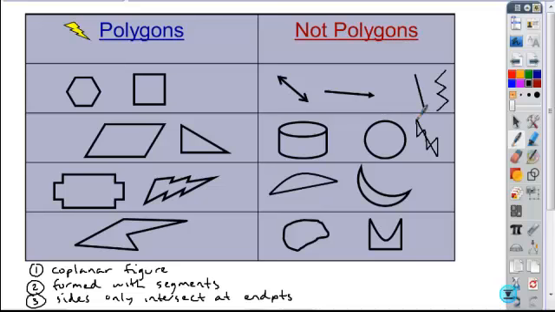So that one doesn't have the intersection only at endpoints. Those are the defining characteristics of a polygon. And most of the figures you are familiar with are figures with straight lines, which are the polygons.